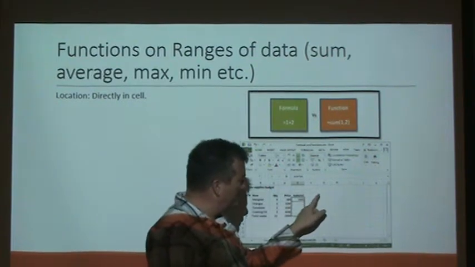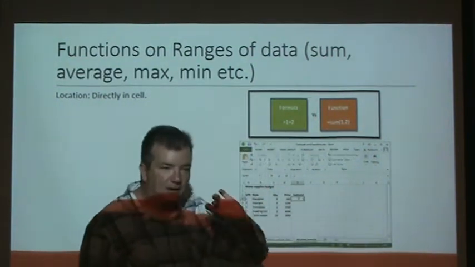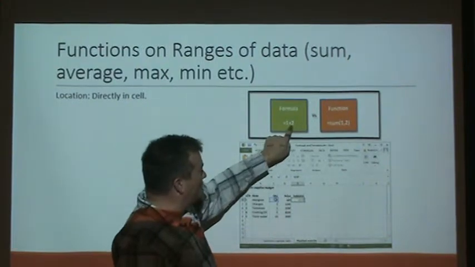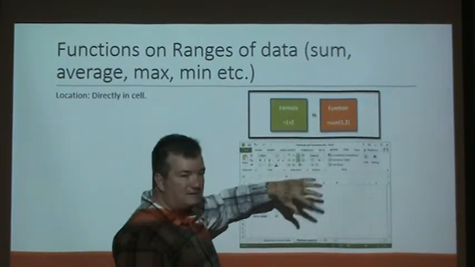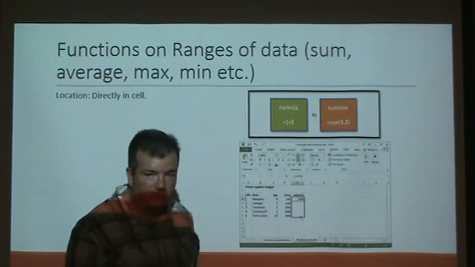It will not print out equal 1 plus 2, it'll print out a 3, because it will calculate the formula, 1 plus 2, and then say that cell is equal to the result of the formula, which would be a 3.